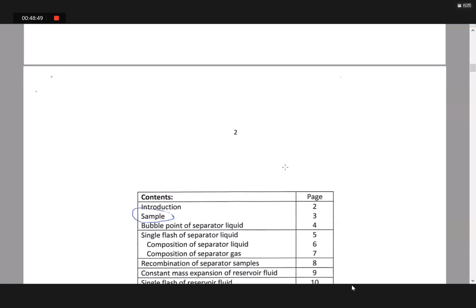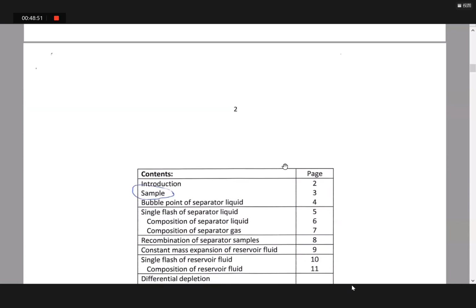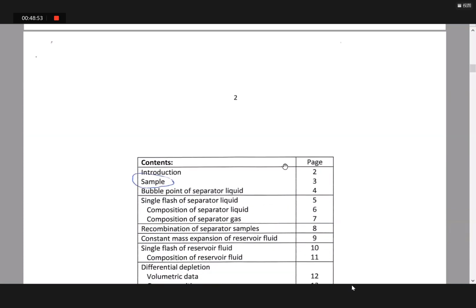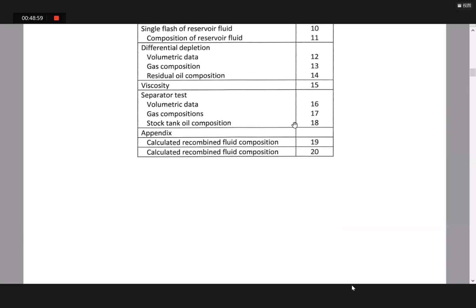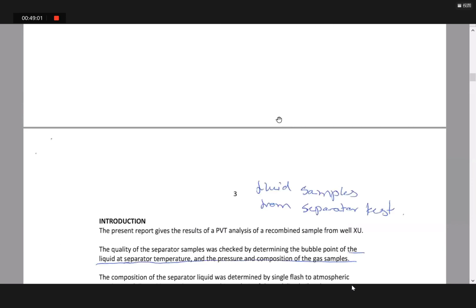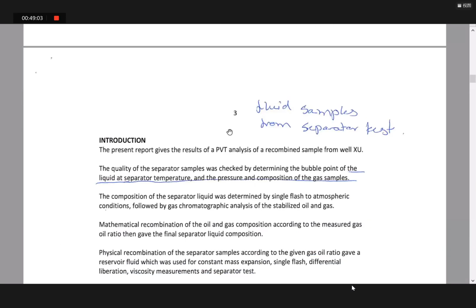Okay, sampling data given here. This is the content of the PVT report. There is an introduction, fluid samples. These are fluid samples that are sent to the laboratory. It's not a bottom hole sample, but samples from a separator test. And that's typically what you get into laboratories in most cases.